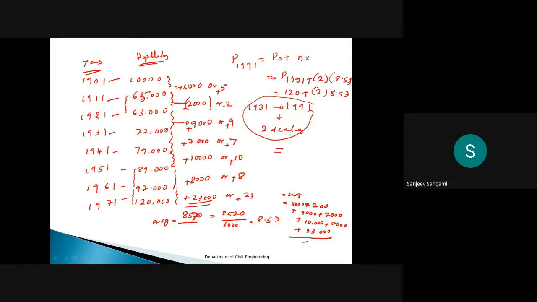So the average will be 8570, that too plus. In yesterday's class we missed this.